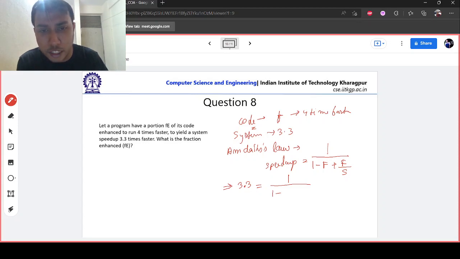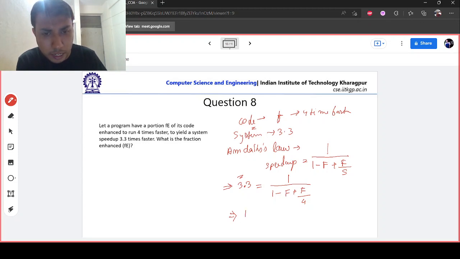We have to find the fraction of the code that has been enhanced. Let it be f. The part of the program speedup is 4. So we need to find the value of f.